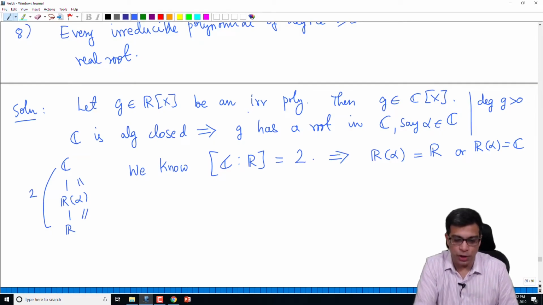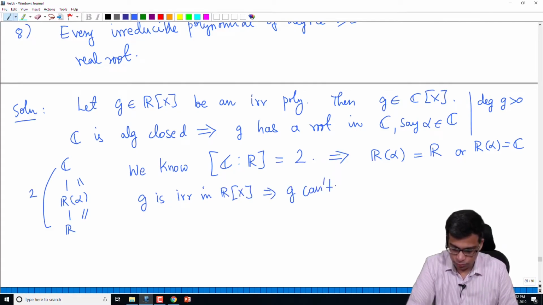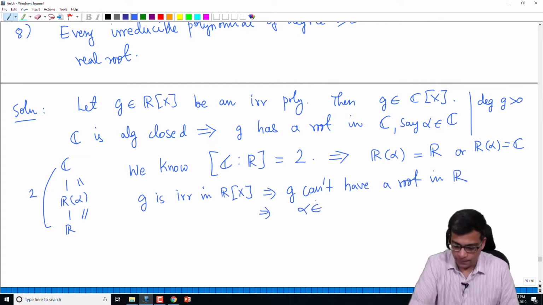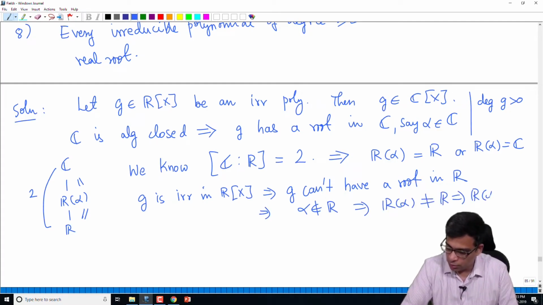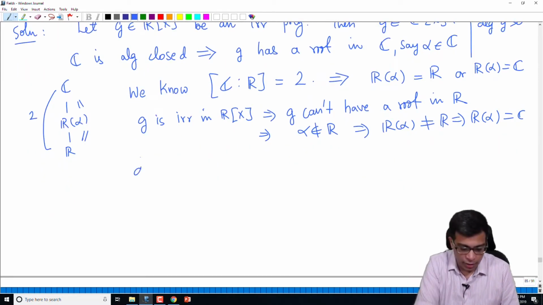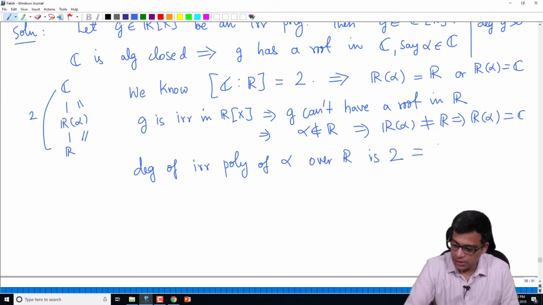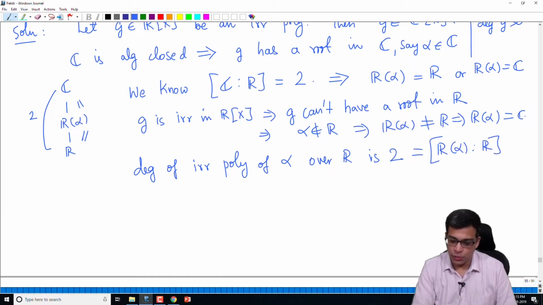But G is irreducible in R[x], which means it can't have a root in R. That means alpha can't be in R, so R(alpha) is not equal to R. But that means R(alpha) is equal to C. But then the degree of the irreducible polynomial of alpha over R is 2, because this is the extension degree, since this is C. But what is the irreducible polynomial of alpha over R?